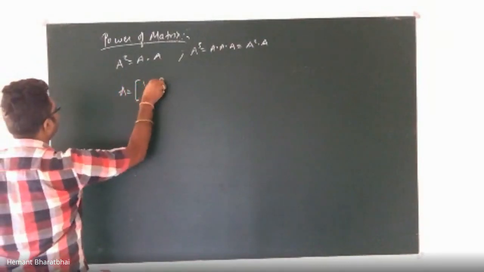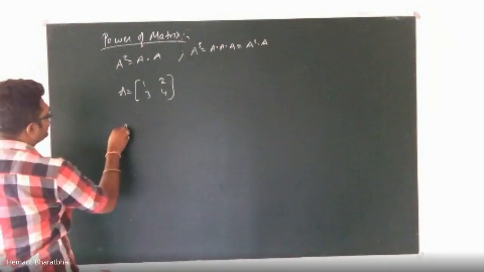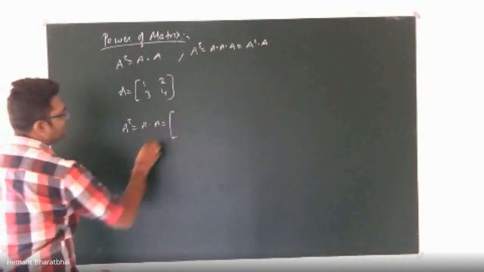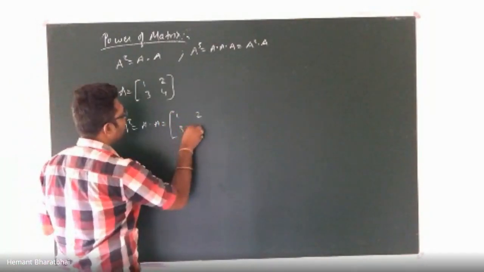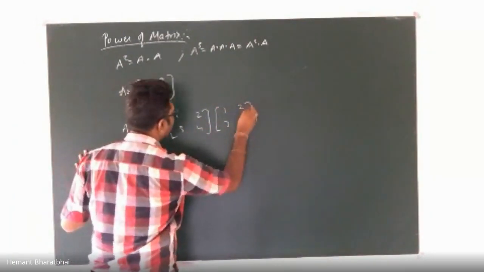So again I take the same matrix 1, 2, 3 and 4. My matrix A squared will be nothing but A into A. So I will multiply the matrix. So this will be 1, 2, 3, 4, and multiply it with the same matrix 1, 2, 3, 4.